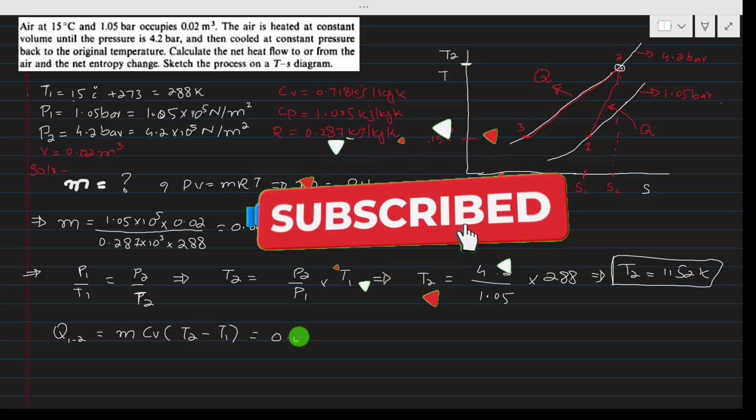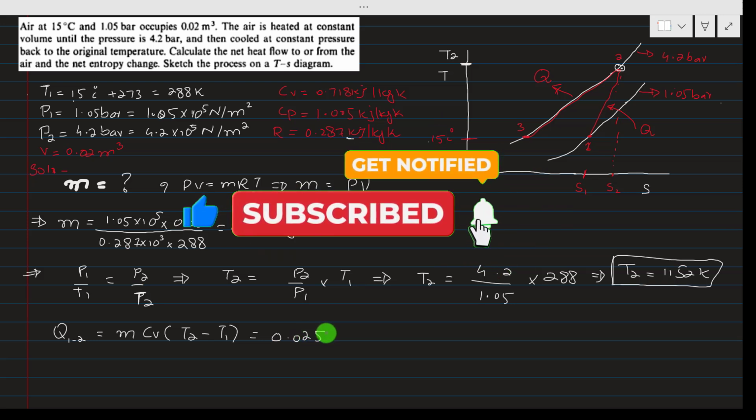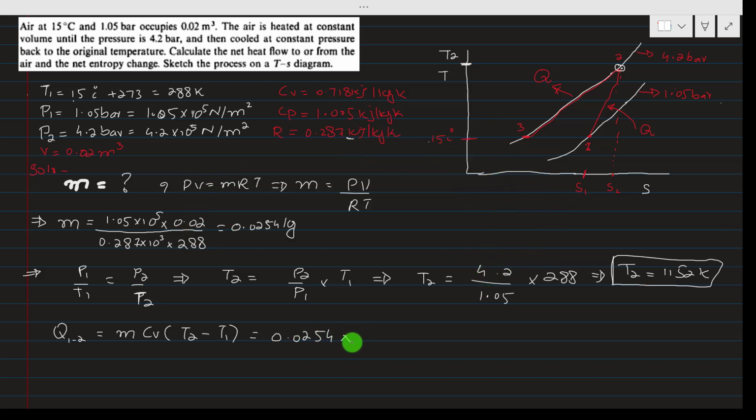Mass is 0.0254, Cv value is constant, that is 0.718, multiplied by temperature 1152 minus 288. After calculations you will find that the heat supplied from process 1 to 2 is equal to 15.75 kilojoule.